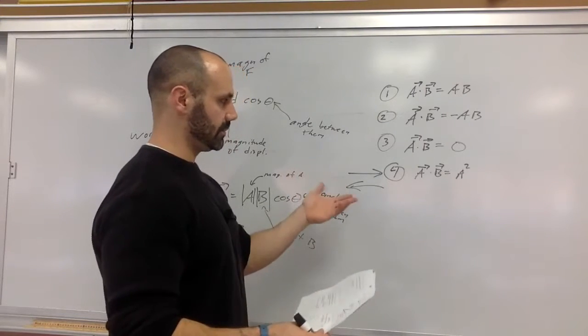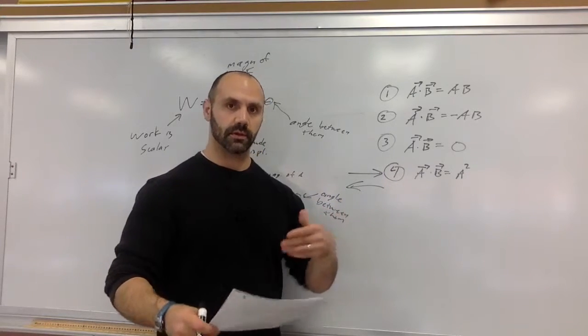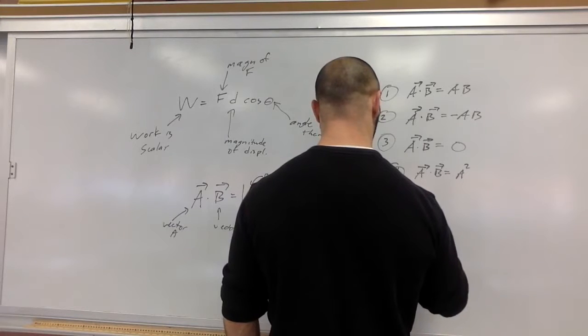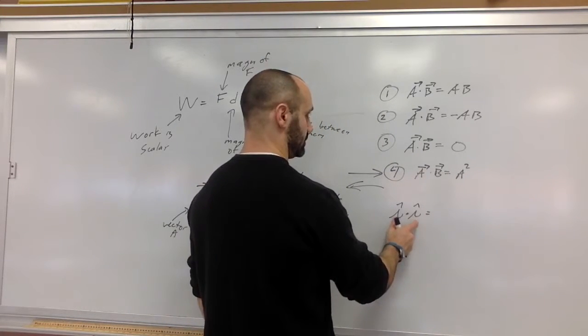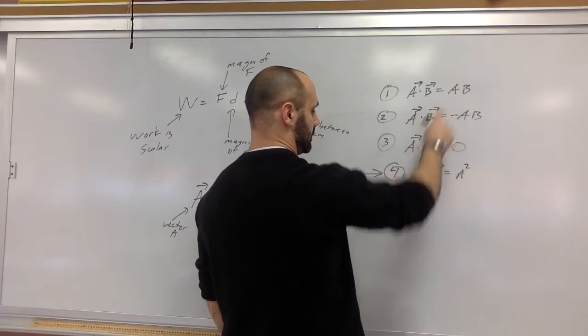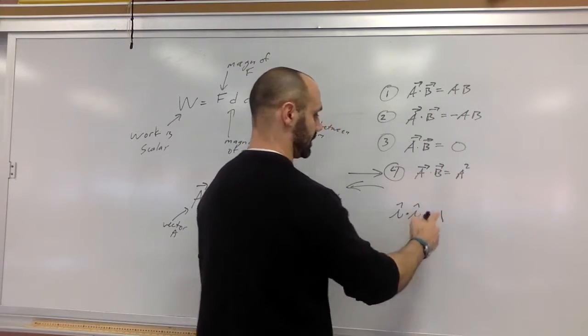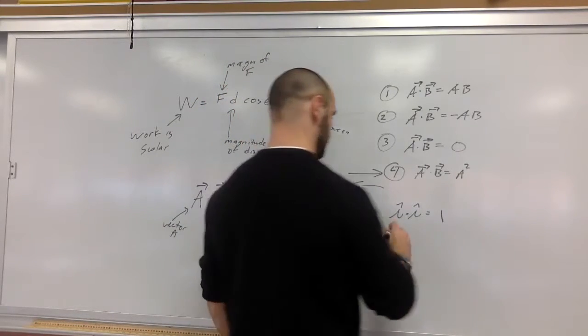All right. And one example of this is if I take the unit vectors, like I dotted with I. Well, I dotted with I, these are parallel, so it's going to be this, but the value of these, the magnitudes, are 1. So I dot I is 1. Keep that in mind, we're going to use that in a derivation in a minute.